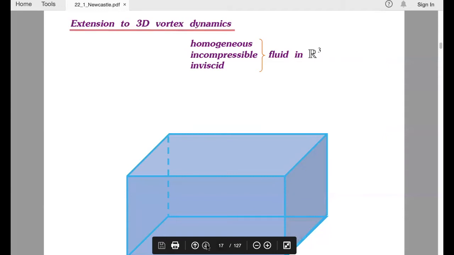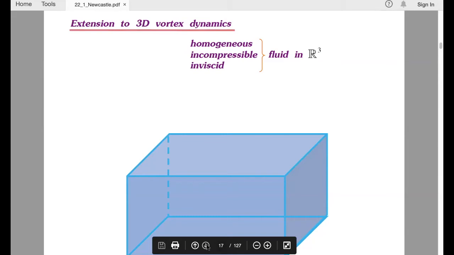Well, Helmholtz derived his conservation laws for vortex dynamics in 3D. And here I won't mention these laws, but I'd like to put in context the three-dimensional setting of what we saw before.